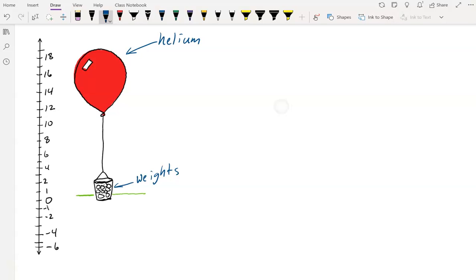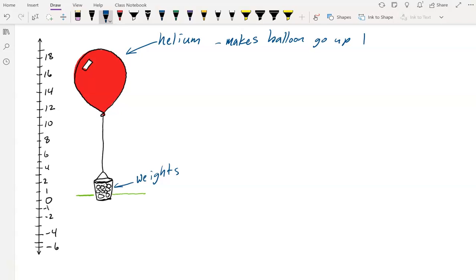Now, everybody knows, or at least you should by now in 7th grade, that the more helium you put in, the more the balloon goes up. So helium makes the balloon go up, right?